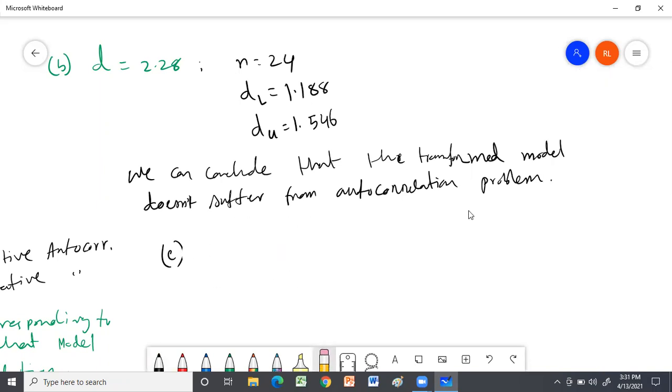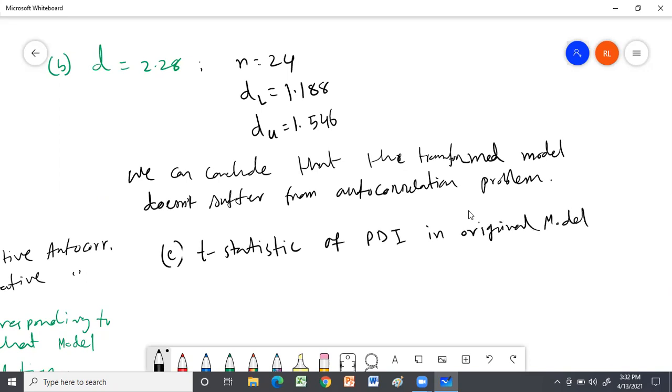The t statistic of PDI in the original model was 70 point something, right? 70.2936.